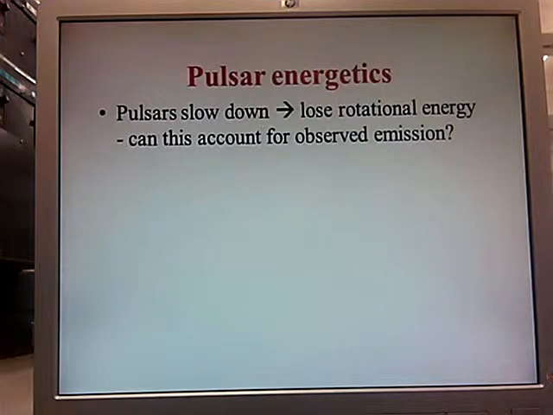So let's think about what that means in terms of its energy. Where's that energy coming from? It's rotational energy. So we could easily figure out what that energy is, and then ask the question, does that energy really account for the observed emission of that neutron star, or that pulsar?